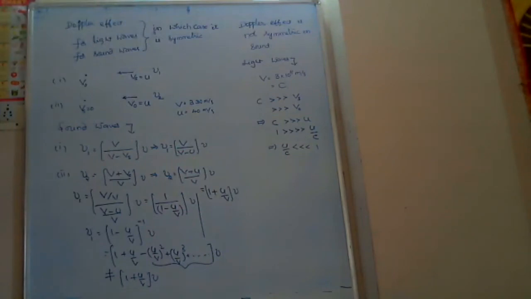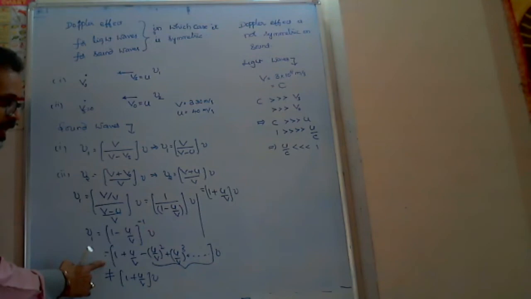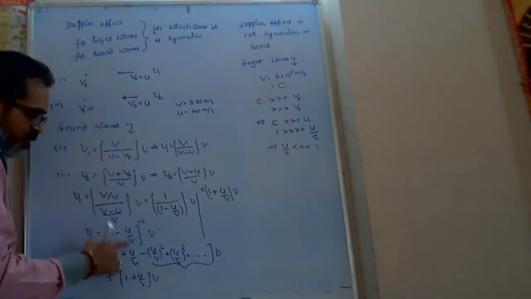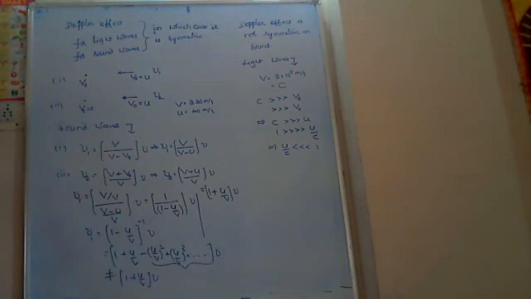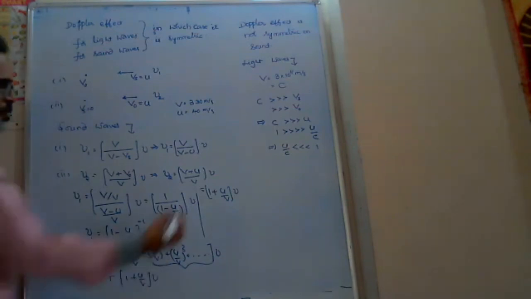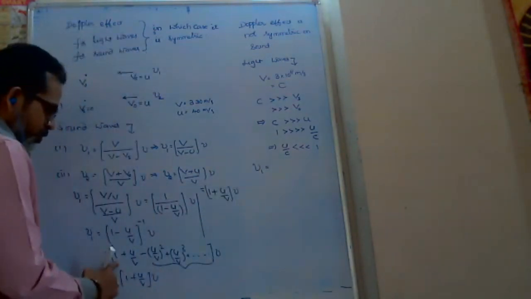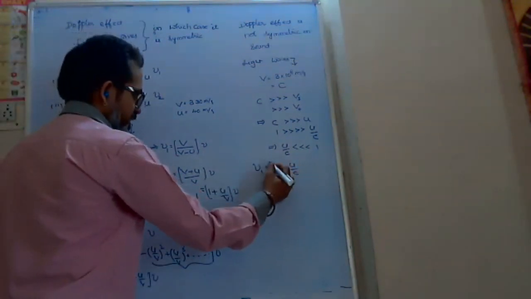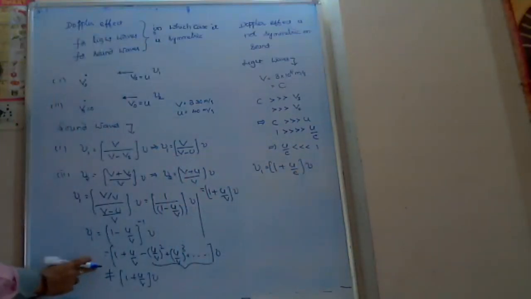Much lesser means in this expansion, while calculating the first frequency, U by C is much less than 1, so you can neglect the higher order terms. If you neglect them, the first frequency nu1 equals (1 plus U by C) into nu, in case of light.